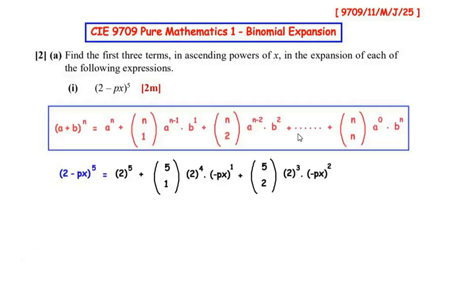Now using this formula, we have expanded 2 minus p times x to the power of 5. Now here n will be equal to 5, a is 2, and b is negative p times x.